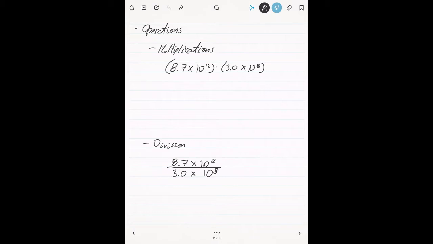Instead, let's take a look at this format. 8.7 times 10 to the 12th times 3.0 times 10 to the 8th. Notice that we're essentially multiplying not two things, but four things together. We're saying take 8.7 and multiply that by 10 to the 12th. That would give you your standard format number back.